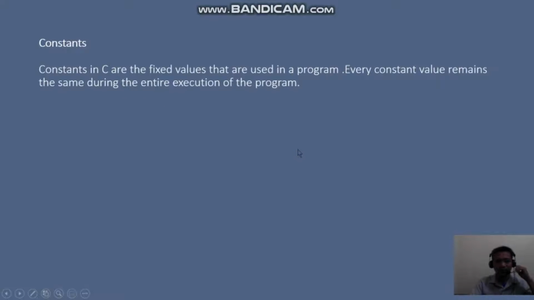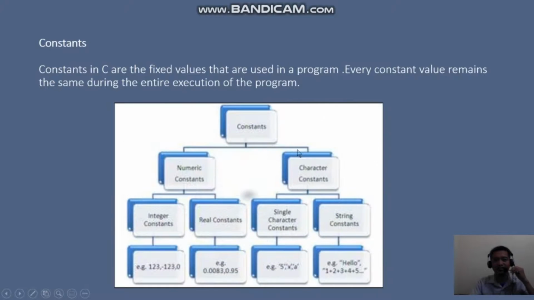Constants. Constants are tokens which have fixed values in a program. Every constant value remains the same during the entire execution of the program. Constants are divided into 2 major categories.